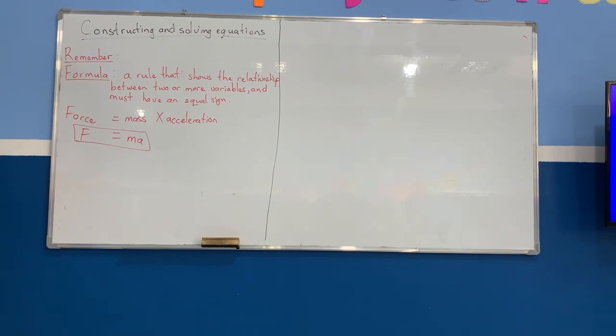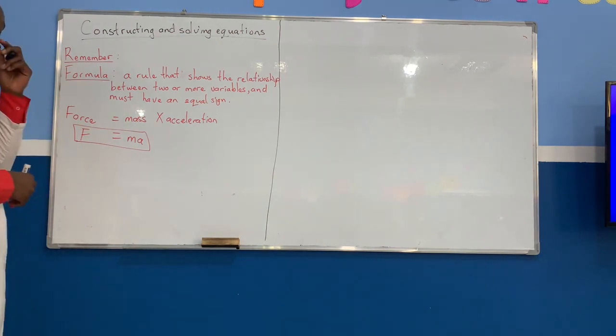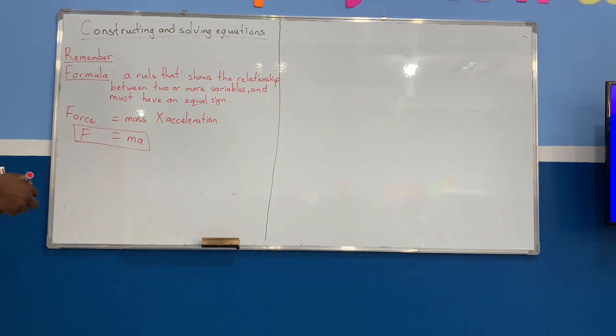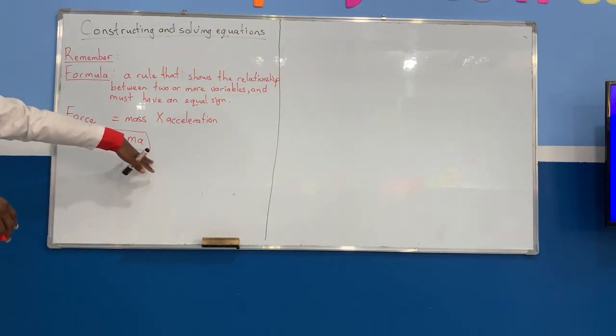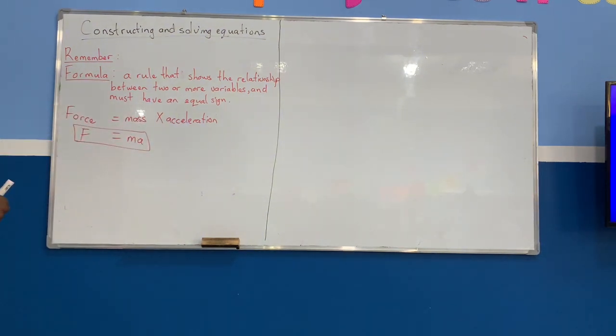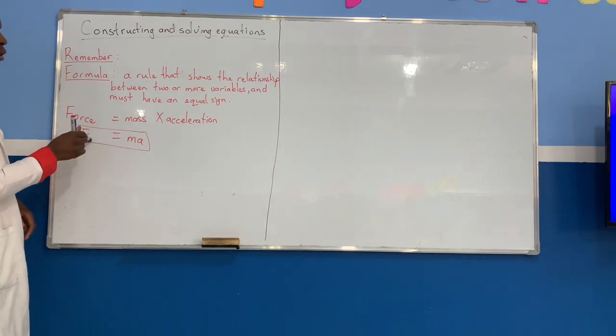On the Earth, the formula is F equals mass times 10, because we round off the acceleration due to gravity to 10. On the Moon, it is 1.6 meters per second squared.